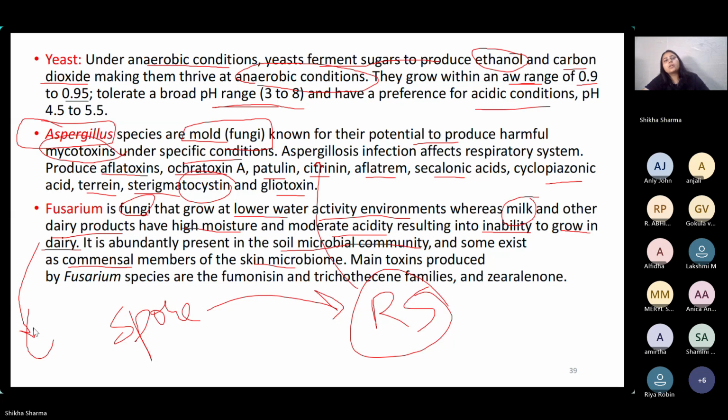What is a commensal member? It will be on our skin and get some benefit from our skin, but it will not harm our skin. So when one partner is getting the benefits, the positive effects, but the other partner has no effects, then it is a commensal member.